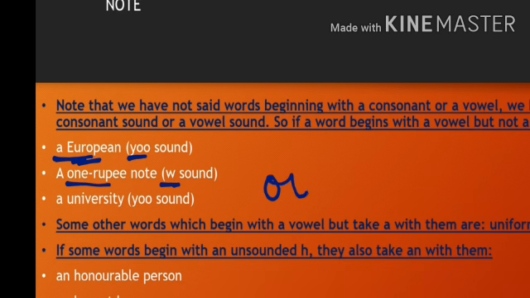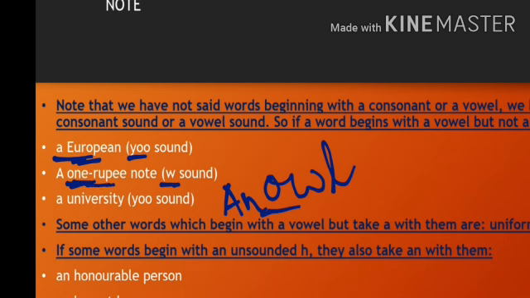Suppose this word starts with o, owl, and this word also starts with o, one. See the difference between the pronunciation of both the words. Here one, wa, w आ रहा है, and here owl, a आ रहा है ना, देखो vowel sound आ रहा है ना. So that's why before owl we will always use an.